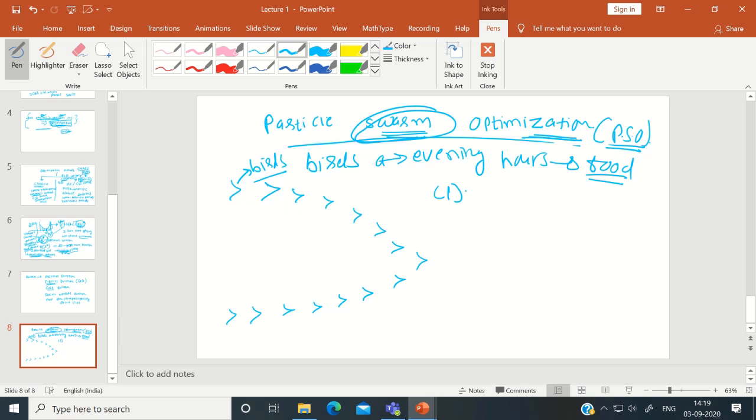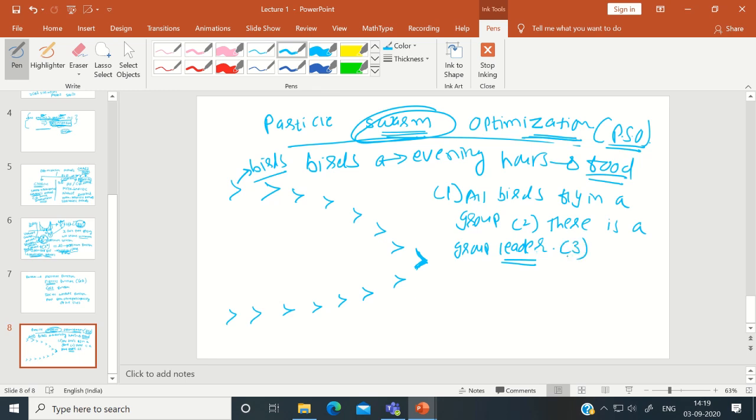Our observation is all birds fly in a group. Now, second observation, you must have observed that there is a group leader ahead of the remaining birds, right?